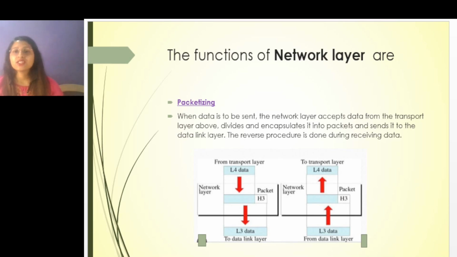The network layer is going to accept the data from the transport layer, divide it and encapsulate it in small packets, and that packet will be sent to the next layer, the data link layer. Similarly, at the receiving host, the data will be received from the data link layer and decapsulated to retrieve the packet. So the first function of the network layer is packetizing.